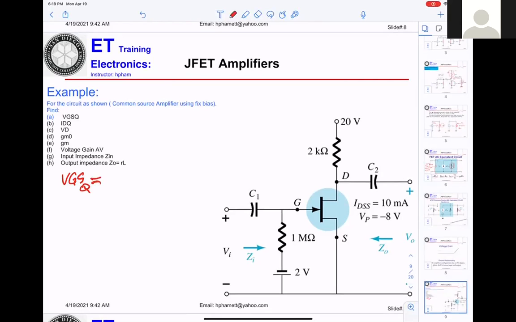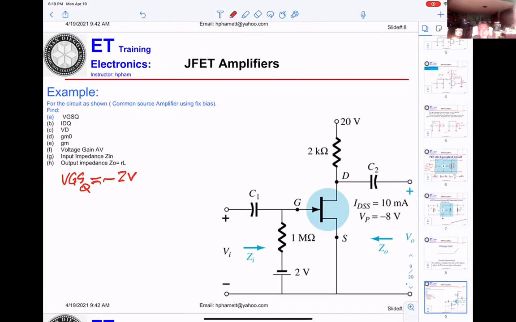It's fixed bias. Okay, I'm not doing the calculation, so I don't know which one is the right answer. Who gets the answer for me? Minus 2 volts.